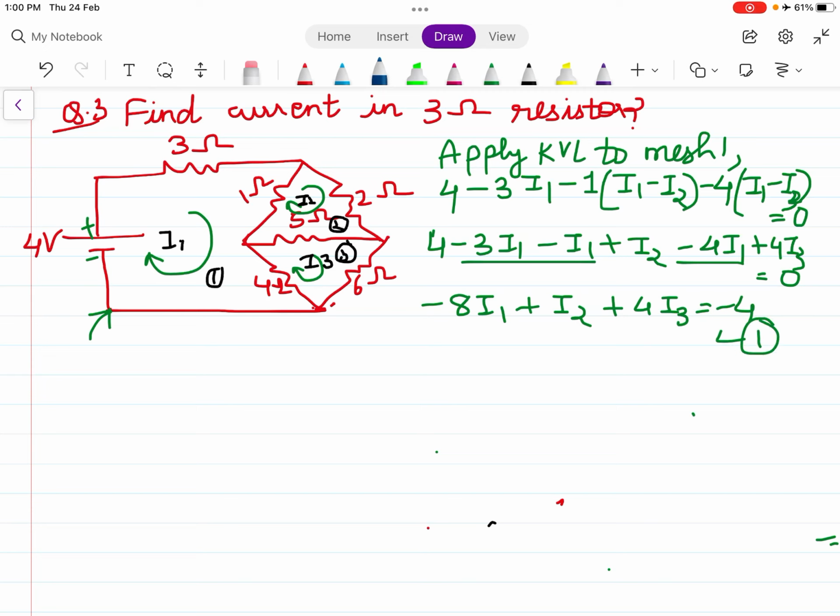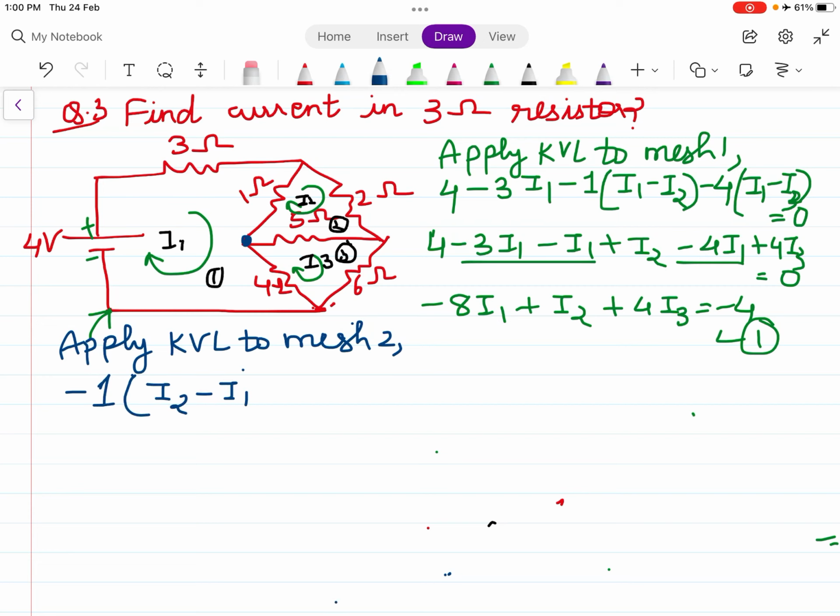Next I say apply KVL to mesh number 2. When I apply KVL to mesh number 2, starting from this pointer, I say minus 1, mesh number 2. So I2 minus I1, current I2 will be greater than current I1 according to the assumption number 2.